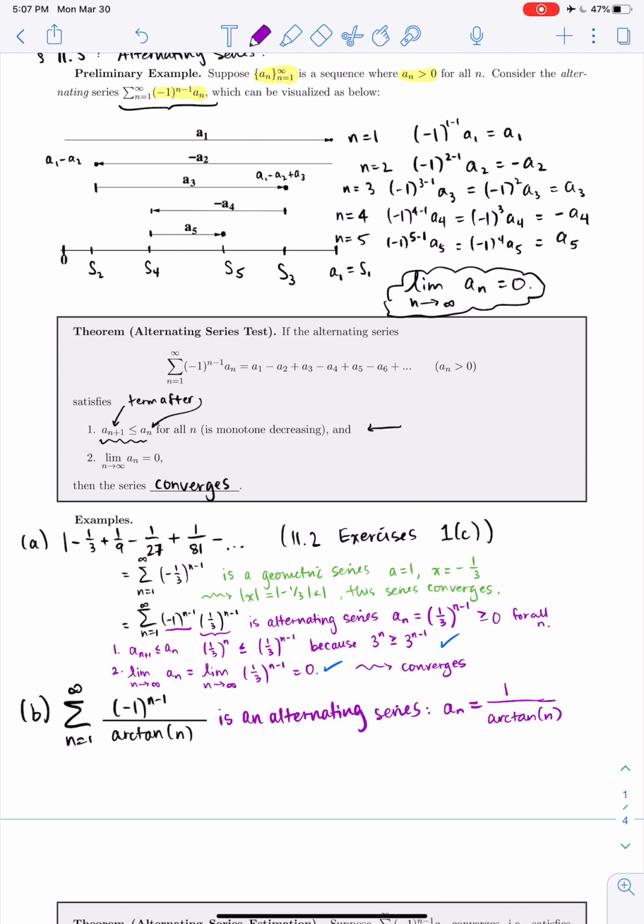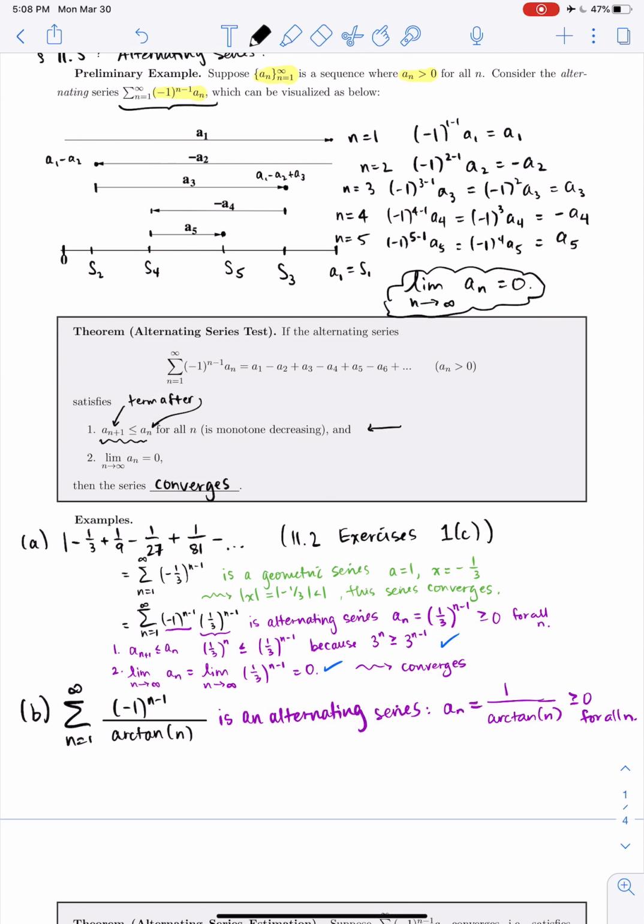So here is that a sub n term, 1 over arctan of n, and you can see that the negative 1 to the n minus 1 is left out of that. That is always bigger than or equal to 0 for all n, because our n values are positive, right? We're plugging in 1, 2, 3, and 4. Okay, so it's an alternating series.